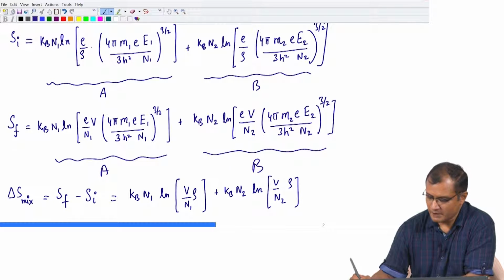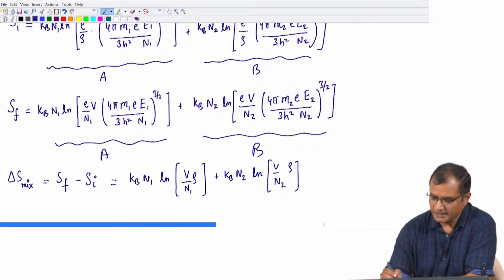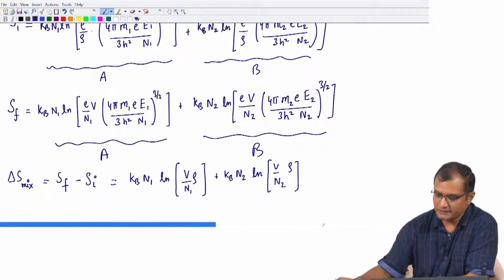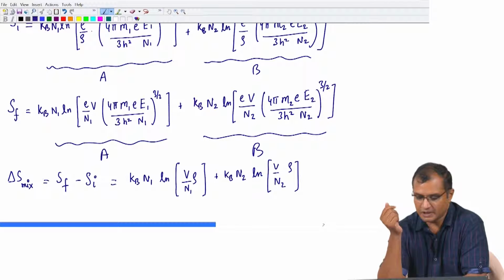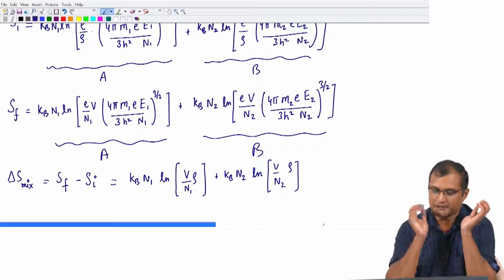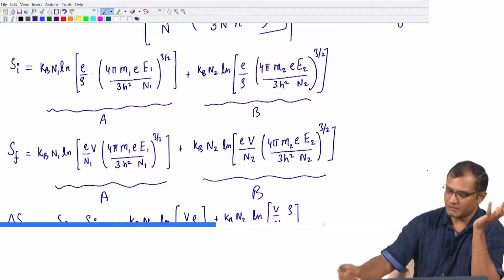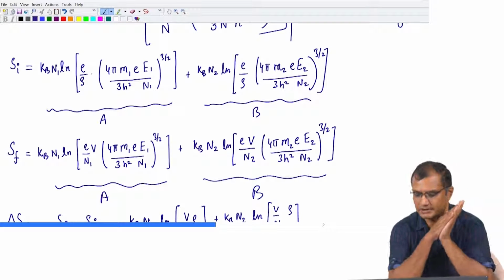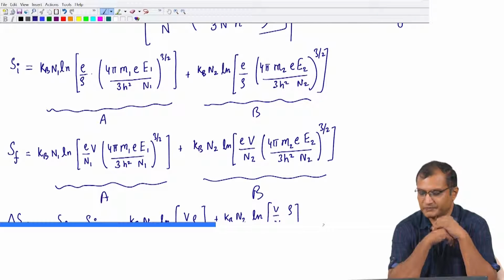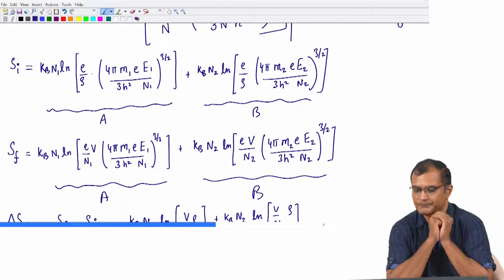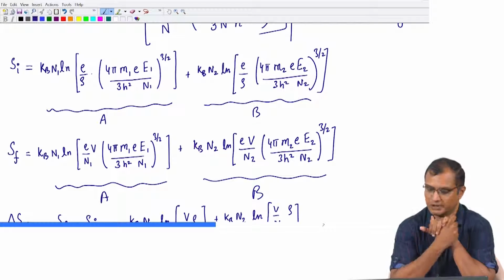Everything else cancels, because if you look at, for example, this m2 to the power 3 half, it simply becomes 3 by 2 ln m2, and the prefactor is kbn2. Numerator upstairs, there is one more kbn2, and that is also multiplied to 3 by 2 ln m2. So, all these terms will cancel.